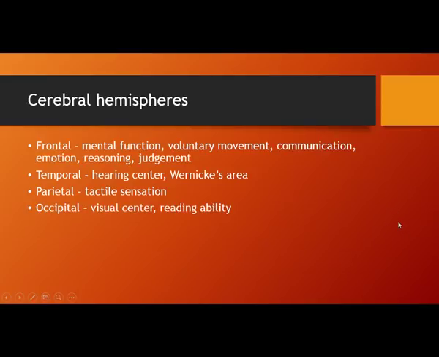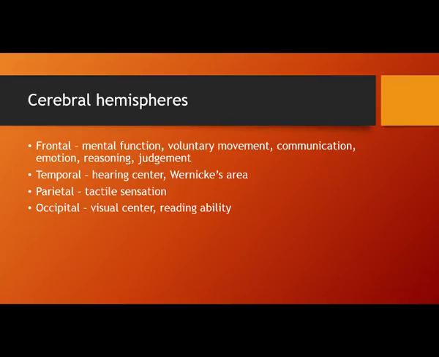The cerebral hemispheres: the frontal hemispheres control mental function, everything we think of as consciousness, judgment, reasoning, voluntary activities, communication, emotion, all that. Then the temporal areas has the hearing center, and it has Wernicke's area.